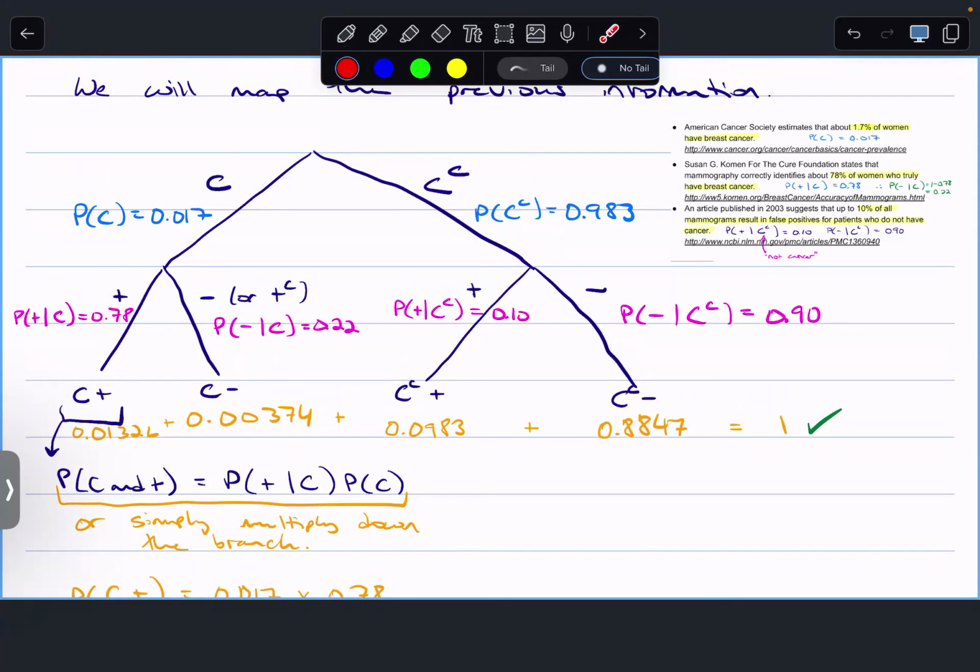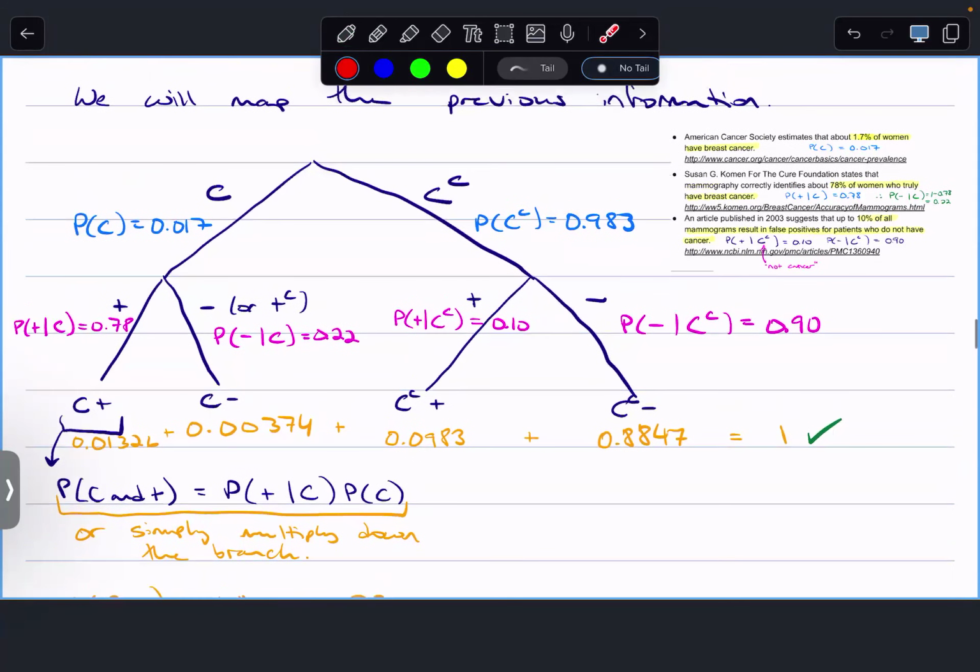Okay. We can use this to find probabilities. What if I asked you, what's the probability of testing positive? We don't know whether they have cancer or not. It's not a conditional probability anymore. We look at this and we see there are actually 2 ways that I can test positive.